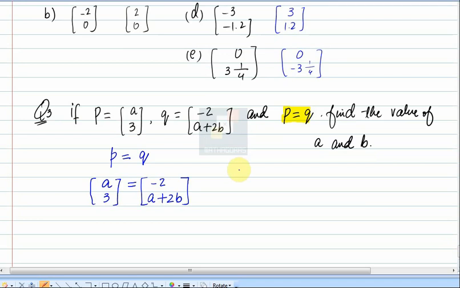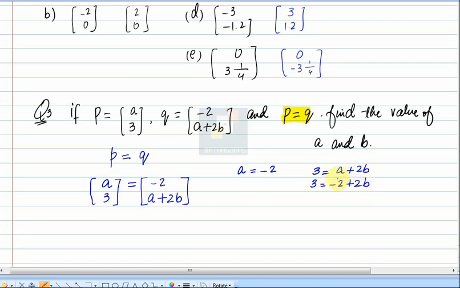When you equate the vectors, A is equal to -2, the first row complete, and 3 is equal to A plus 2B. You can easily substitute the value of A. So it will be 3 is equal to -2 plus 2B.